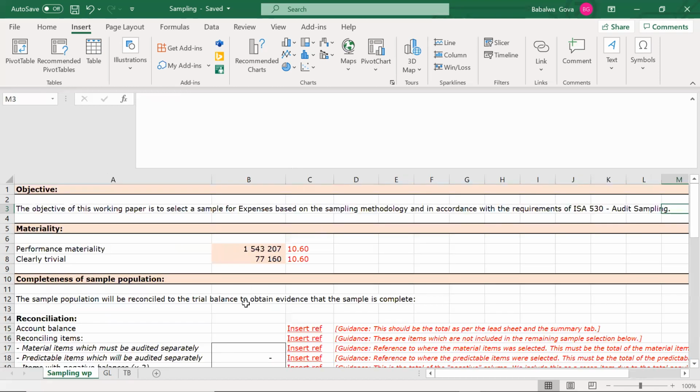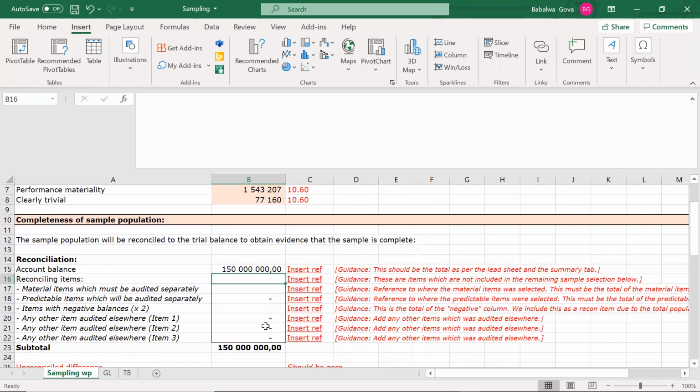So I'm going to come to my working paper where it says account balance, and I'm going to put in the account balance, which is 150 million. That is the balance that we have for the line item of revenue.